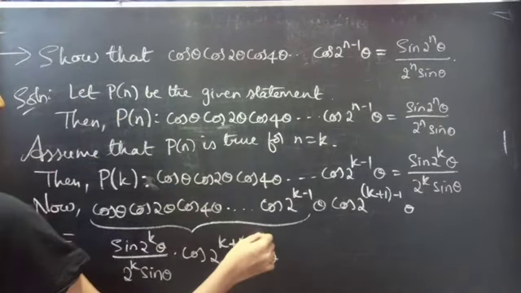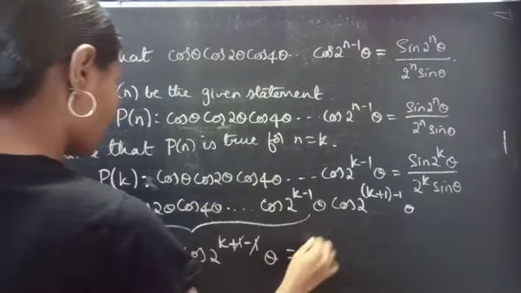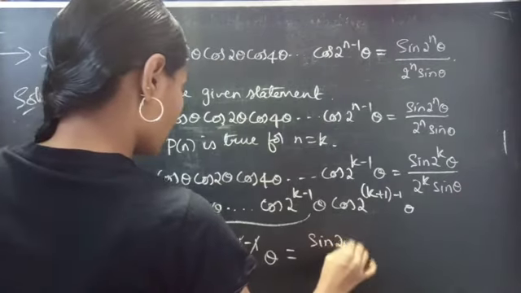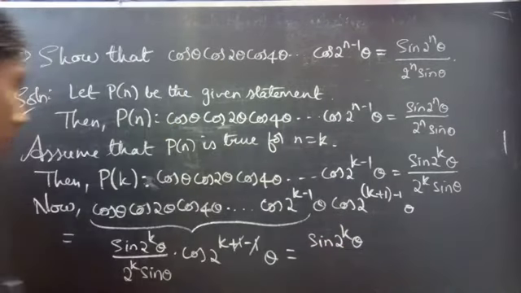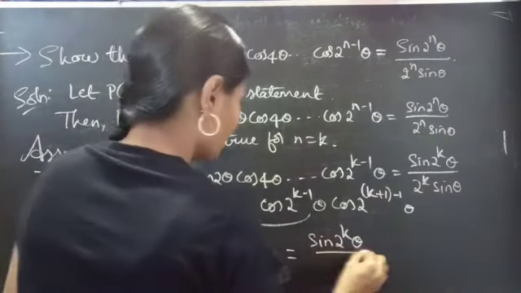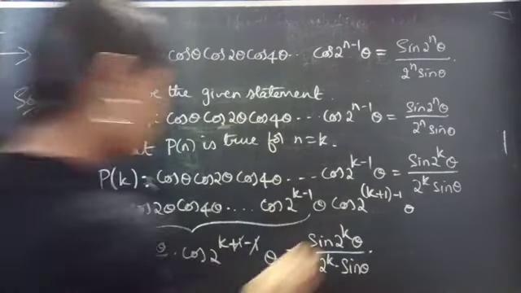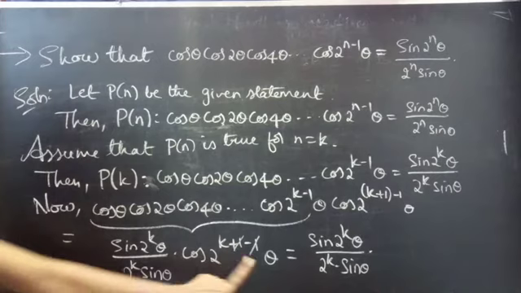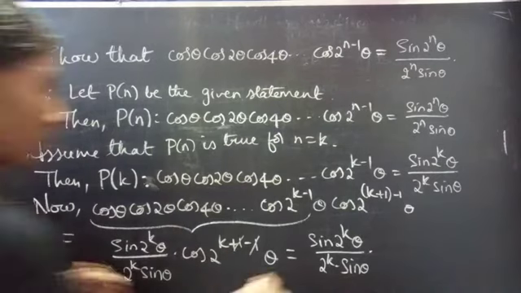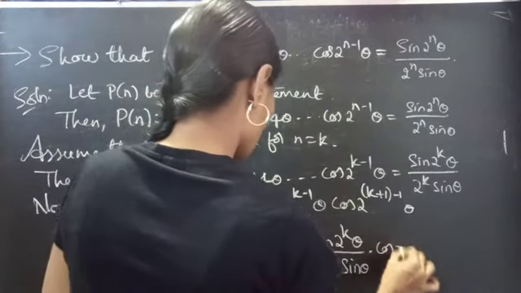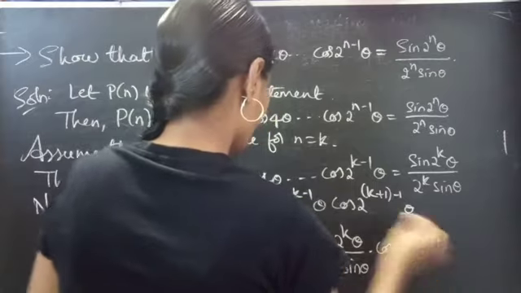So here 1 gets cancelled. This is equals to sin 2 power k into theta by 2 power k into sin theta into cos 2 power k into theta.